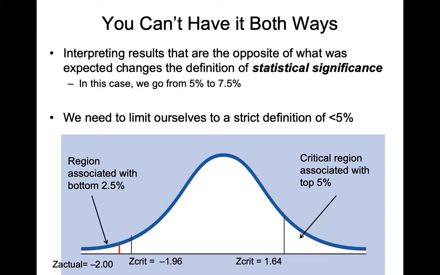We need to limit ourselves to a strict definition of statistical significance as being sample results that happen less than 5% of the time, assuming that the null is true.